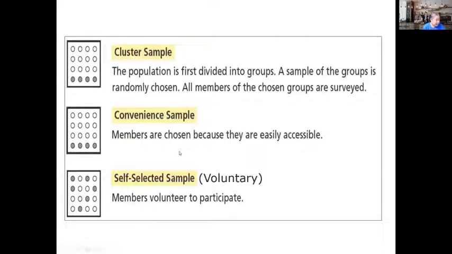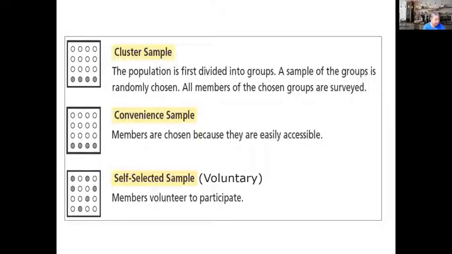And what's a convenience sample? It's just members chosen because they're easily accessible. That means you will not conduct sampling separately, but if you have an event, the people are already there, and you can conveniently choose the whole group that is already there, right? So that's why it's called convenience.